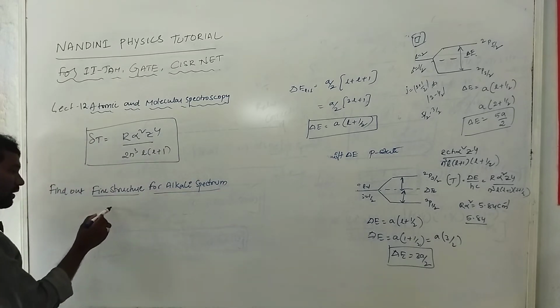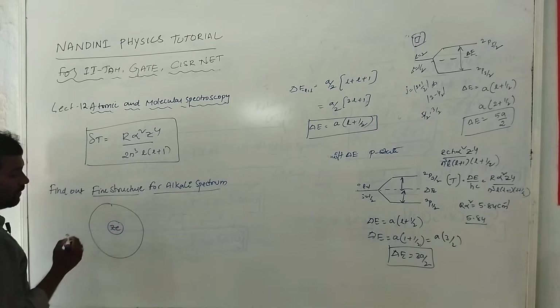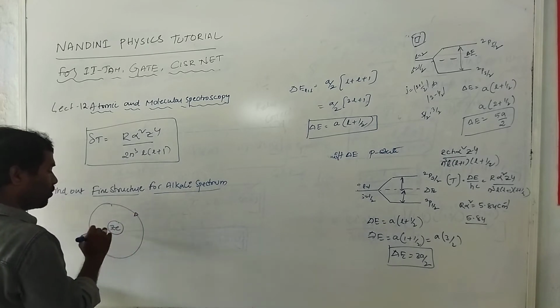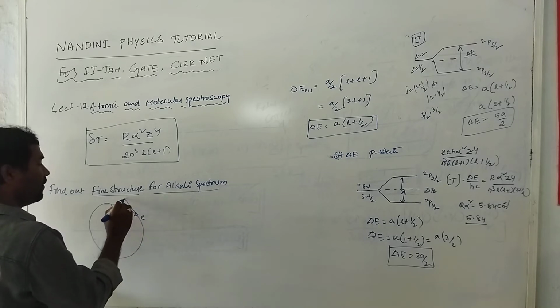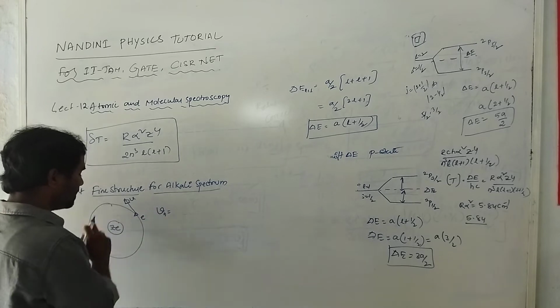If you consider this an atom, Ze is the nucleus, and the electron revolves around this nucleus with a velocity v. What is the velocity formula Vn for this electron?